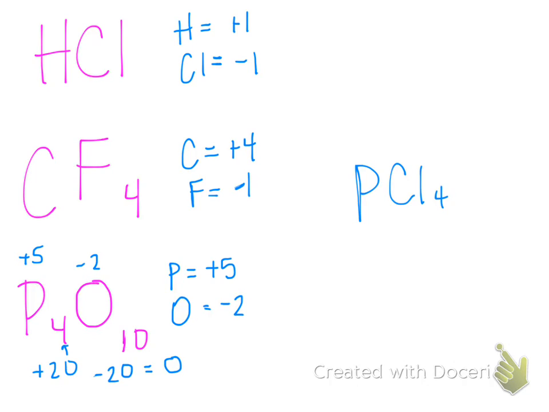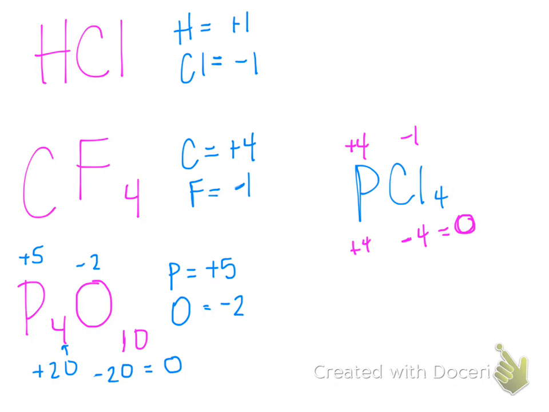So then we go to our rule that says the most electronegative gets to keep its charge as its oxidation number. So which one of these is closest to fluorine? Chlorine is the closest to fluorine. So chlorine gets to keep its charge, which is -1, as its oxidation number. We'd have a -4 down here. Would we want it to equal 0? Yes, because that is a neutral compound. Which means we need a +4 total, and we only have one phosphorus, so phosphorus's oxidation number would be +4.